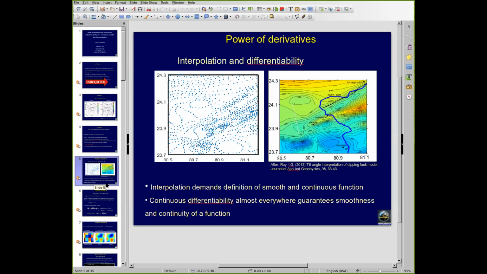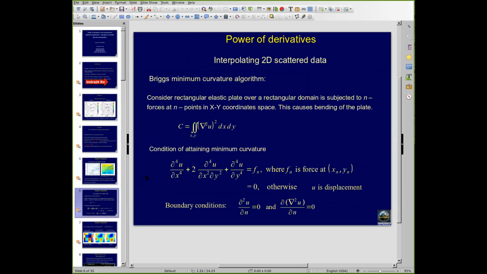So keeping this in mind, the most powerful method, used as a conventional way in the majority of software, is Briggs' minimum curvature algorithm by Mr. Ian Briggs, who was also at Geoscience Australia some time back. He came out with a concept called minimum curvature, where he considered that a smooth surface can be considered as an elastic plate, whose bending moment is considered constant.